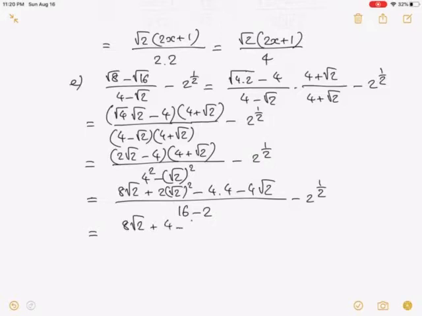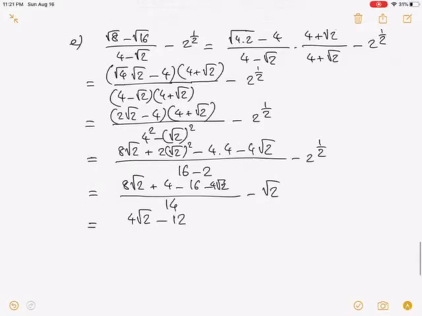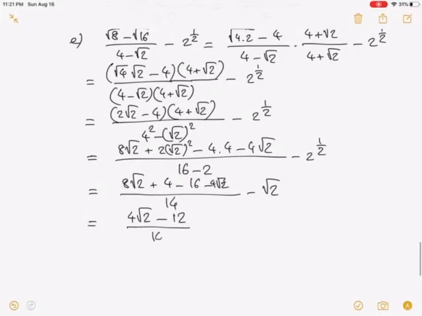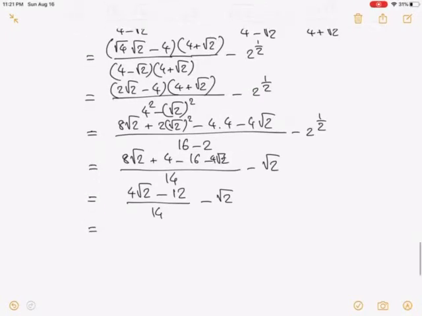So this is 8 square root of 2 plus 4 minus 16 minus 4 square root of 2 over 14 minus square root of 2. So this is 8 square root of 2 minus 4 square root of 2. This is 4 square root of 2 minus 12 over 14 minus square root of 2.